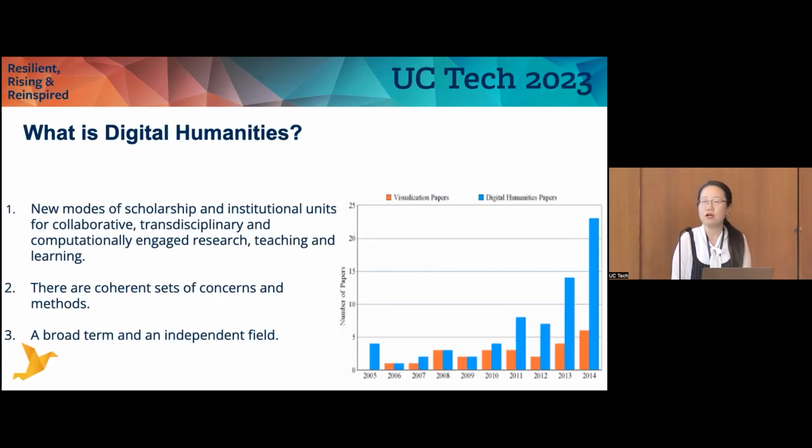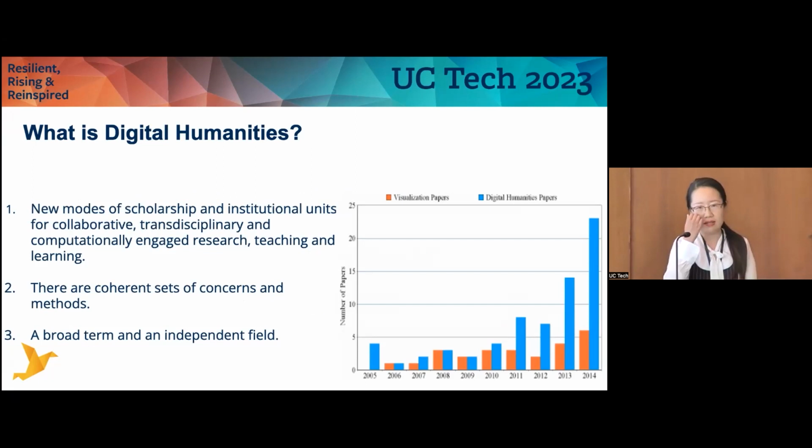First of all, I would like to discuss the definition of digital humanities, because it is kind of a strange term even to humanities scholars. Digital humanities is the scholarly activity at the intersection between humanities and technology.